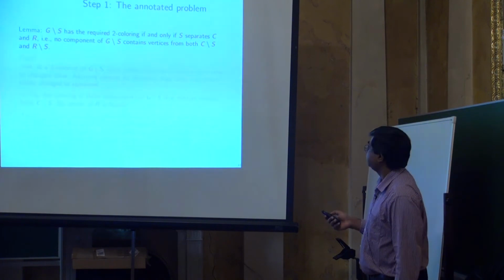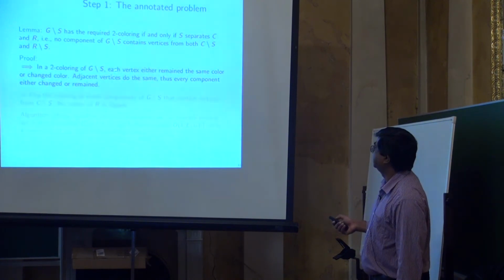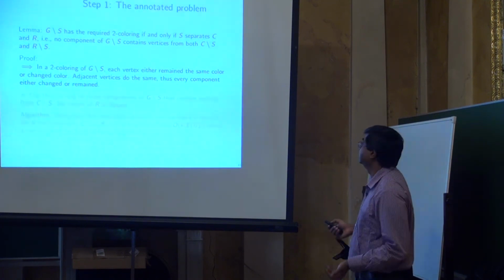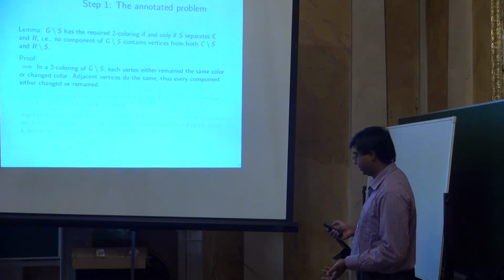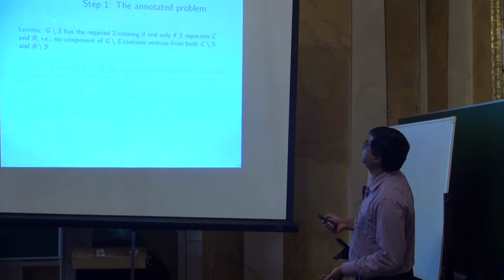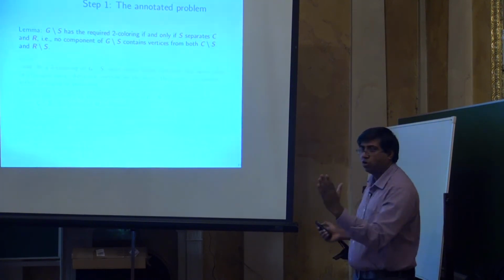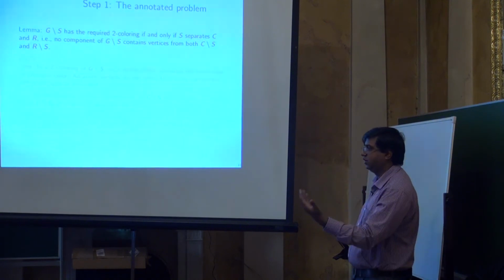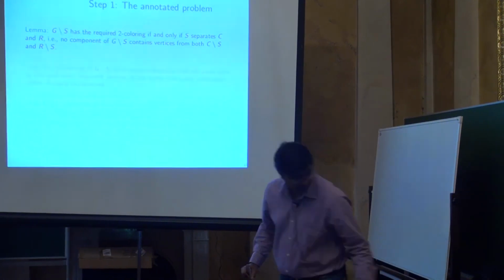Okay, let's prove the forward direction. In a two coloring of G minus S, each vertex either remained the same color or changed color, right? Look at the forward direction. What we are trying to prove: suppose I found some S such that no component of G minus S has both change and remaining vertices.